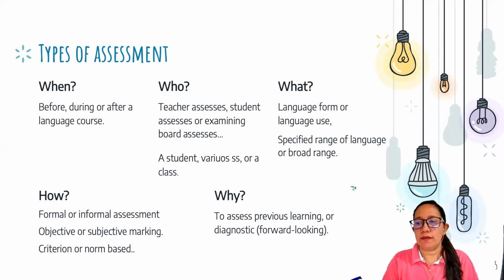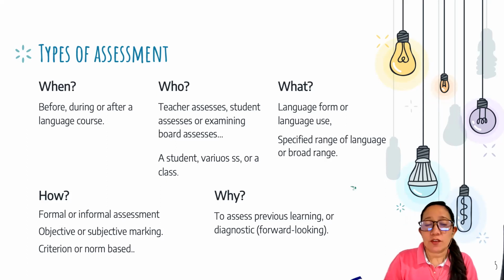How do we start making distinctions between types of assessment? Asking the next questions will give more detail about the nature of assessment. When? Before, during, or after a language course. Who? Teacher assesses, student assesses, or examining board assesses. A student, various students, or a whole class.